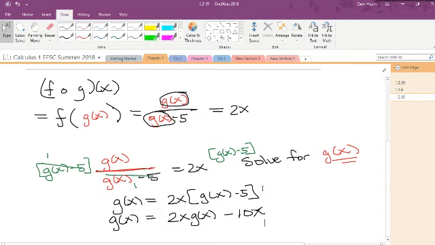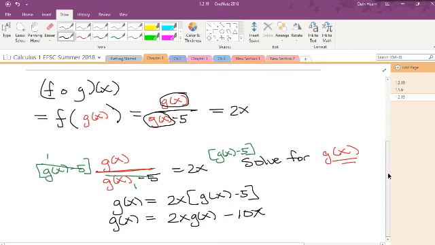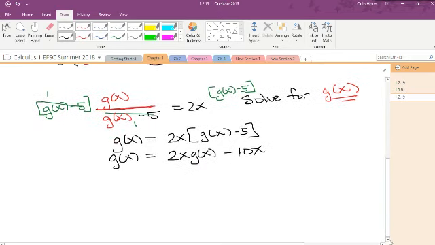Sorry about that. Okay, so now we're going to go with the old rule of get the terms that have the variable you're looking for on one side, everything else to the other. So what I mean by that is this term has a g of x, this term has a g of x, and that term doesn't. So I'm going to go ahead and subtract 2x g of x from both sides.